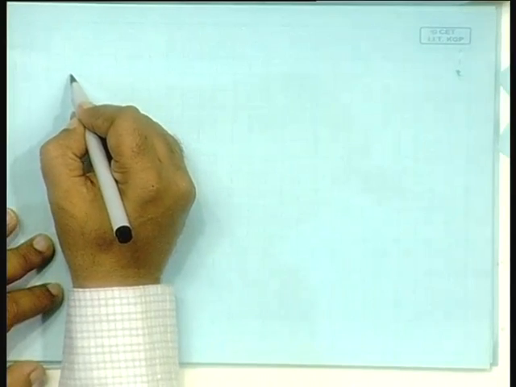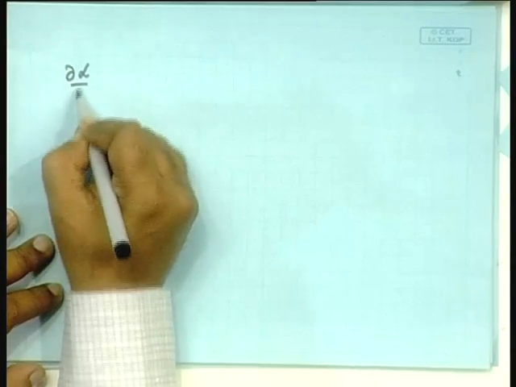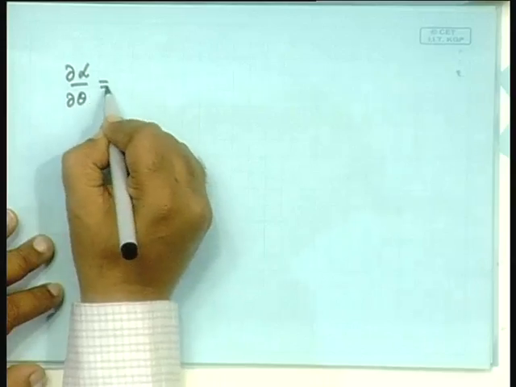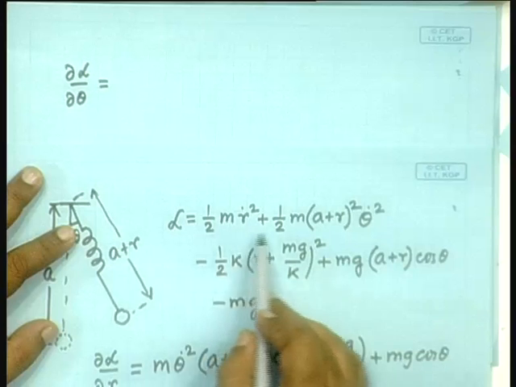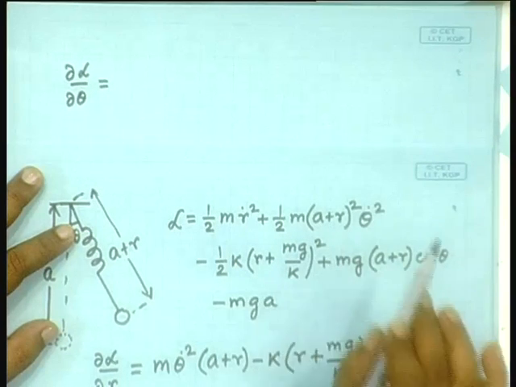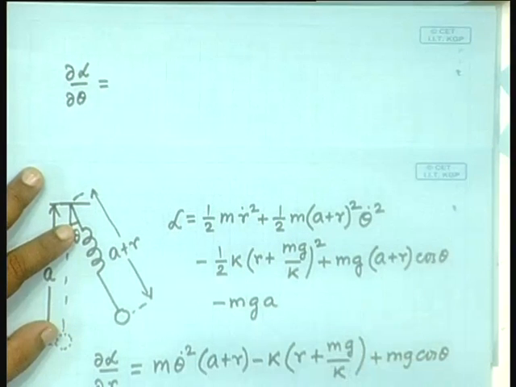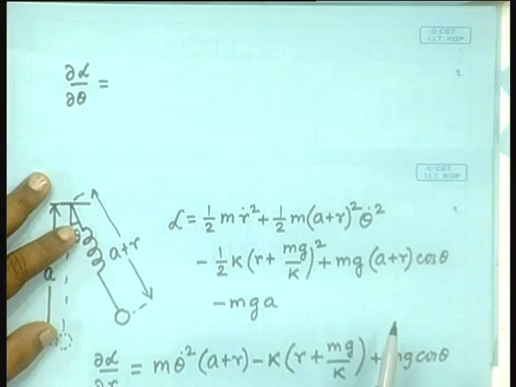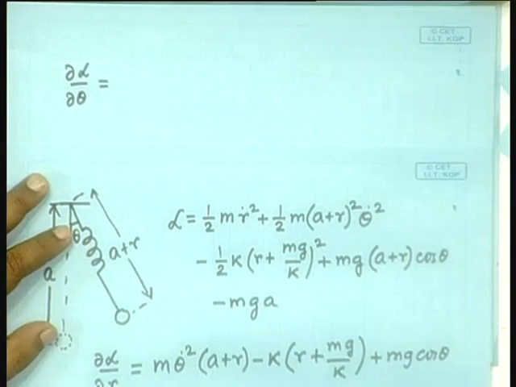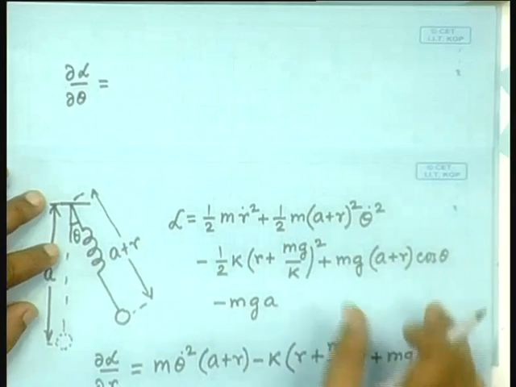Second, we write the same things with respect to theta. So, Lagrangian dou theta will be, well, this was the form, this vanishes, this vanishes, this vanishes, it is only here. So, it is pretty simple. What remains? Only this term.